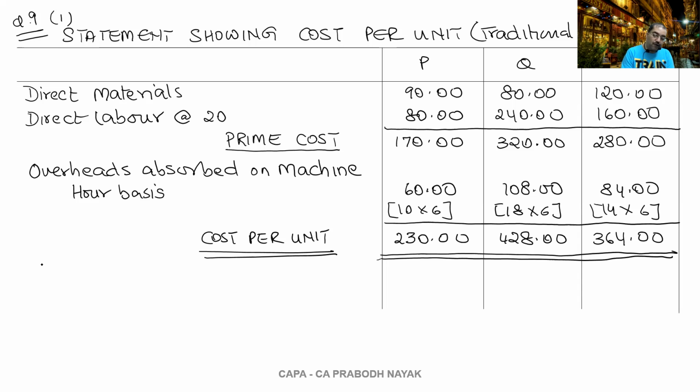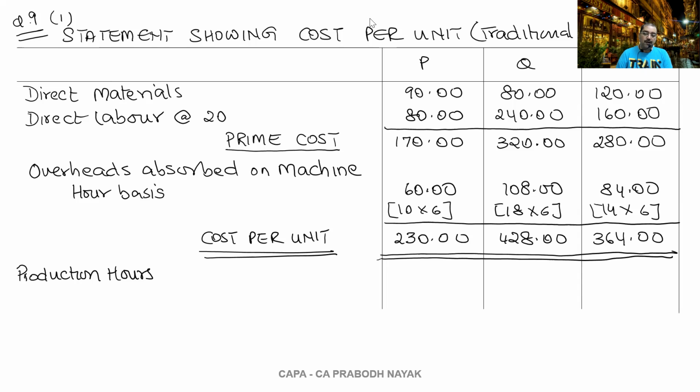So first, below this statement you can write here, production hours. For P, we require 10 hours per unit and 3000 units are produced.